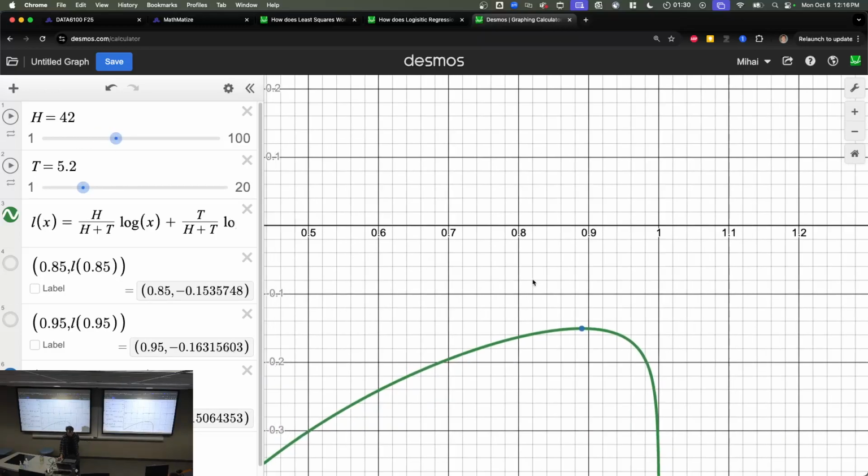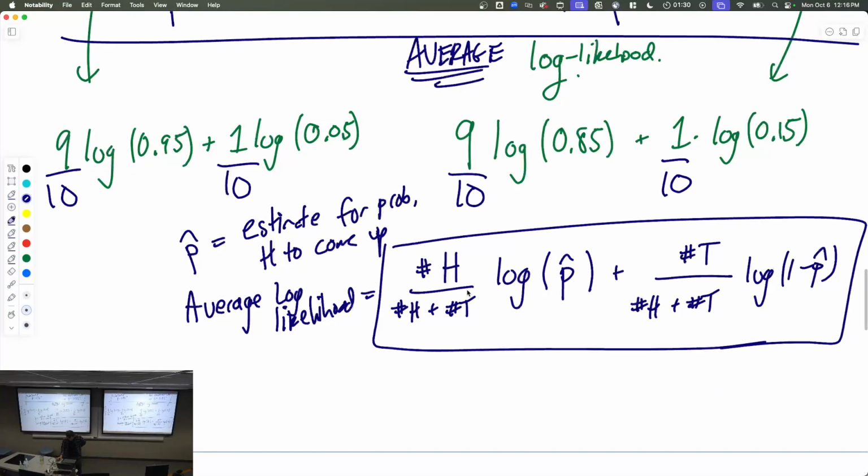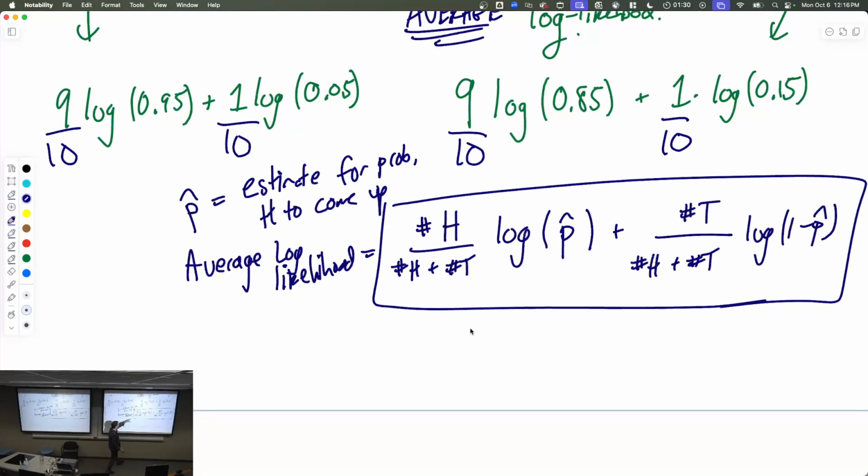Why am I showing you all this? This is the heart of the difference between linear regression and the regression we're doing, logistic regression. The main difference is we are using this log likelihood. You can write it like this.